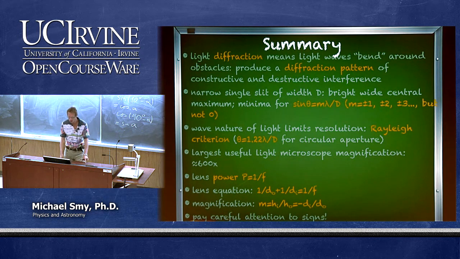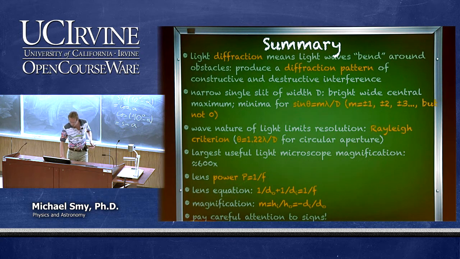And we saw the diffraction pattern of a narrow single slit of width d, and there's a bright white central maximum, and there are minima if the sine of the angle under which it is viewed equals an integral number times the wavelength divided by the width d. And that is true for an integral number plus or minus 1, 2, 3, but not 0.